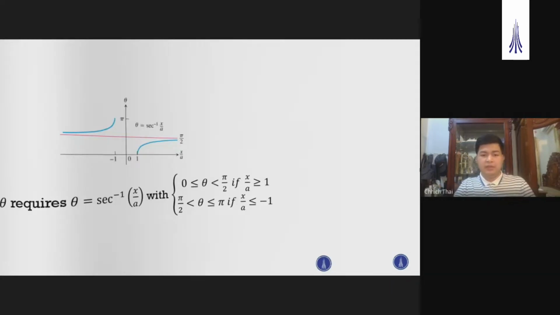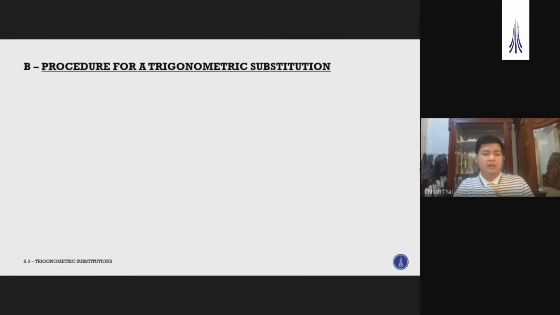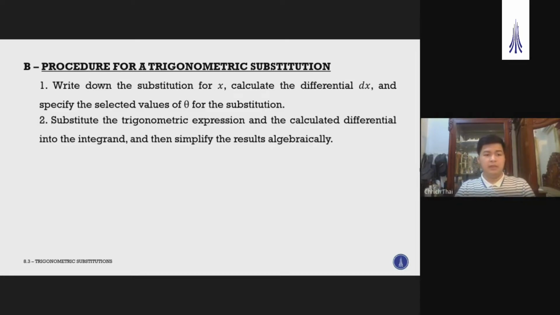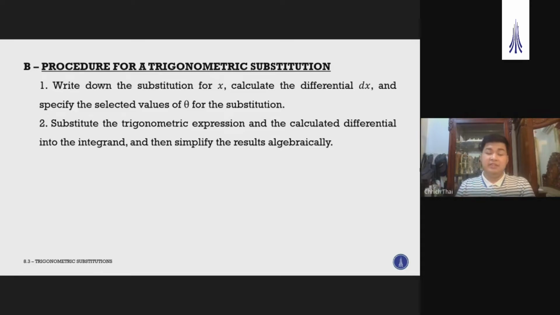In this next part, I'm going to explain the procedure for a trigonometric substitution. For the first step, you need to write down the substitution for x, then calculate the differential and specify the value of theta for the substitution. Then substitute the trigonometric expression and the calculated differential into the integral, and simplify the result.